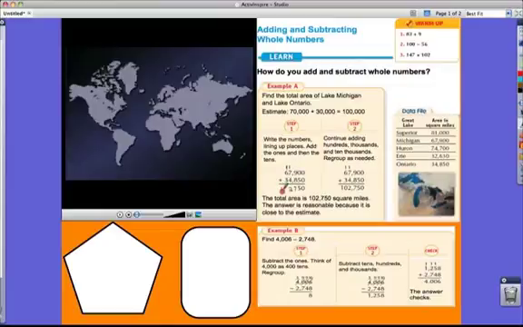And then we bring it down, making sure everything is in its place. And then we count 3 spaces over to put our comma: 1, 2, 3. And this is how the answer was 102,750. And that's why those numbers were up there. We had to carry numbers to the next place value to the left.